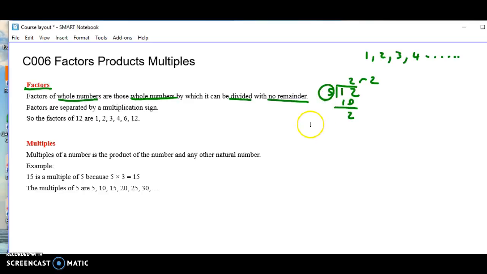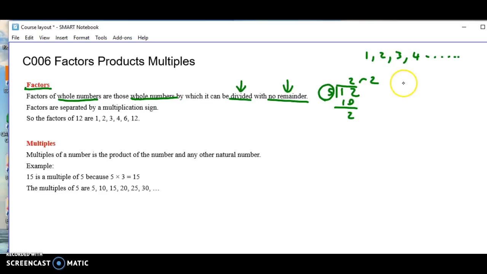And when we get to grade 12 and we study the factor theorem, it's important to understand that something is only a factor if you divide the number by it and there is no remainder. Very important.